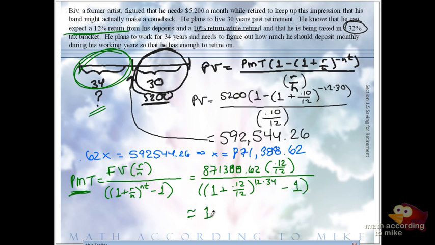So he needs to put in $152.99, 12 times a year for 34 years, and then he will be able to take out $5,200 a month for 30 years. Not too bad.